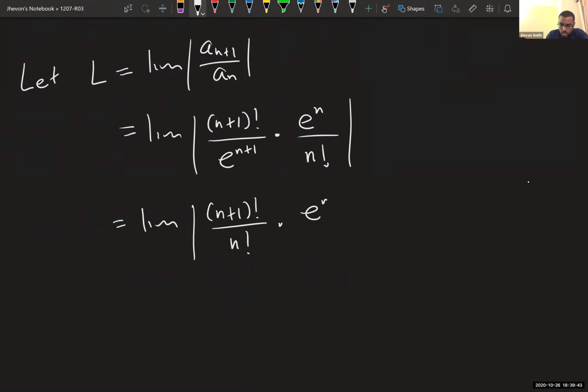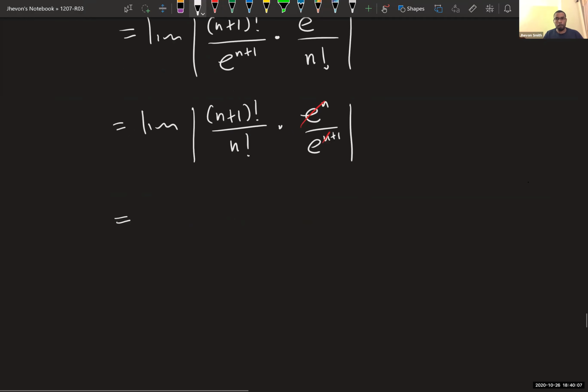Rearrange the terms. This simplifies that. What about the factorials? (n+1) factorial divided by n factorial. What is that? You can rewrite (n+1) factorial as (n+1) times n factorial, which would cancel with the bottom.